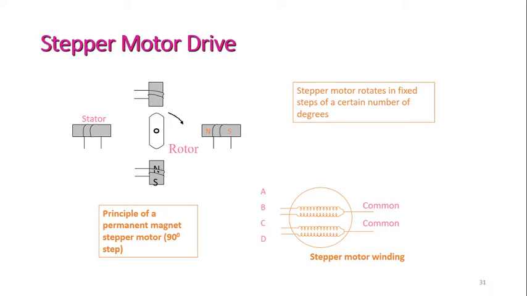Each two coils are called one stator, so there are two stators with two coils each. Each stator has two ends, and each end of the stator has one coil. So in total it has four coils. That's why it is called a four-phase stepper motor.